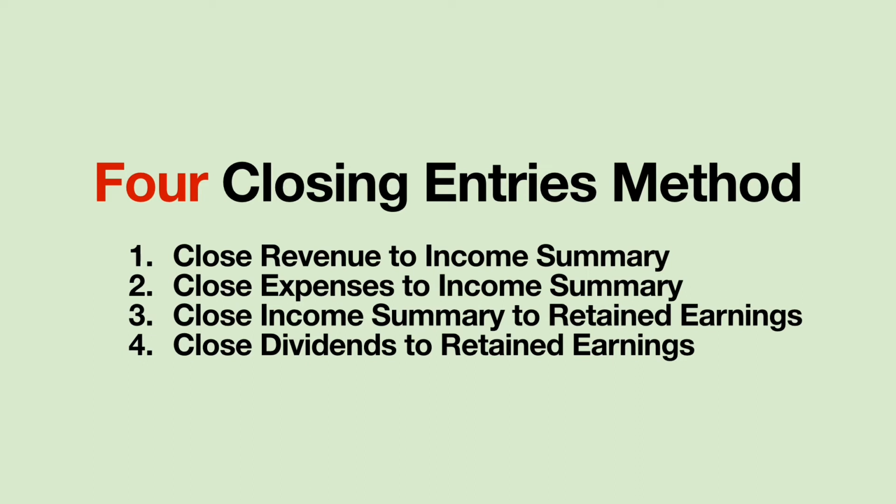And then we calculate the net or the balance of revenues and expenses in income summary, and we transfer whatever balance exists in income summary after the first 2 closing entries here, and we transfer that income summary balance to retained earnings. That's step 3. So the income summary account only exists for a minute or a few minutes as we do this. Step 4 is the same as in the previous method. You just close dividends to retained earnings.